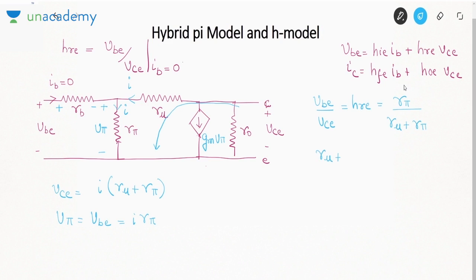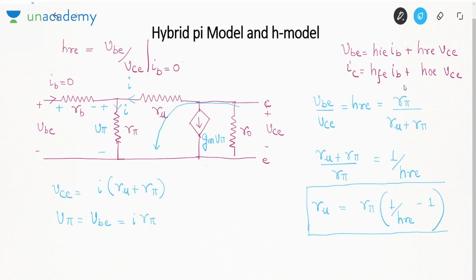If you take the reciprocal, it will be 1 by HRE, and you can find out R mu from here. It will be R pi into 1 by HRE minus 1. So that is the value of your early effect resistance R mu.